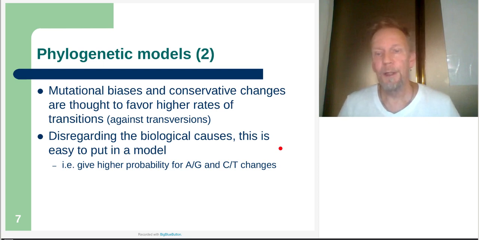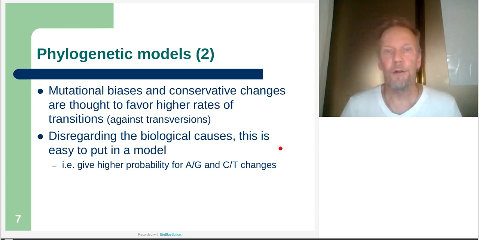But anyway, no matter what the mutational mechanisms are, whether it's blaming the DNA replicase or whether it's blaming radiation or whatever, we can just give a high probability to transitions, that is changes of A to G or C to T or vice versa.